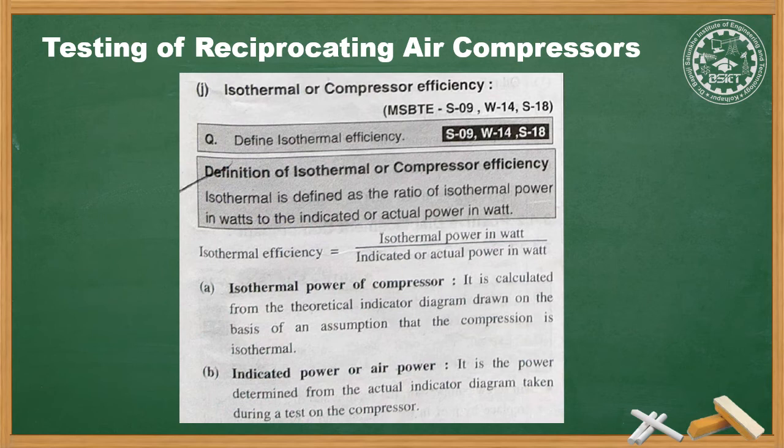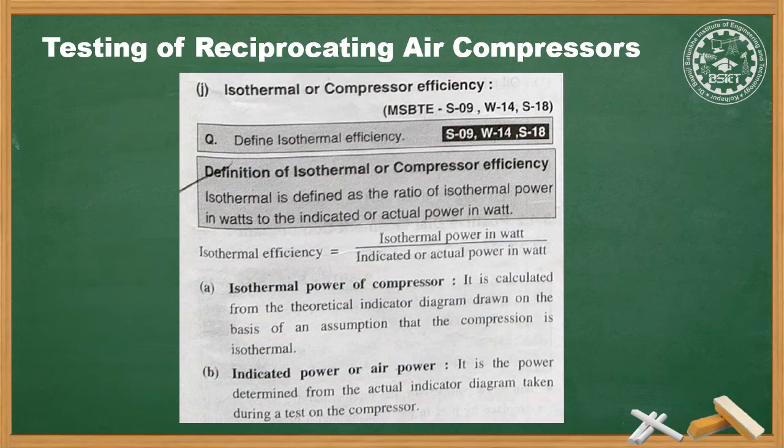Isothermal power is calculated from the theoretical indicator diagram drawn on the basis of an assumption that the compression is isothermal. Whereas indicated power or air power is the power determined from the actual indicator diagram taken during the test on the compressor.